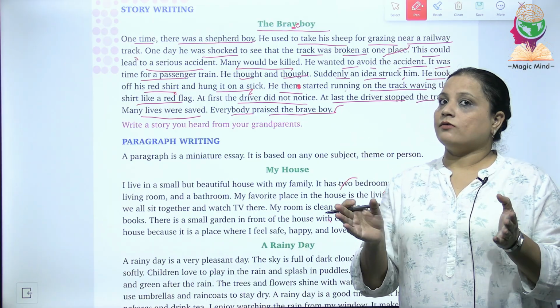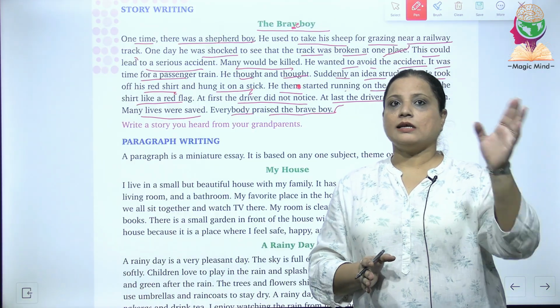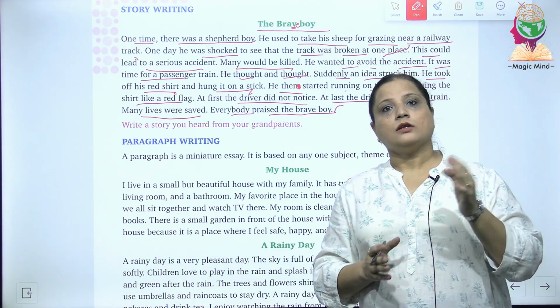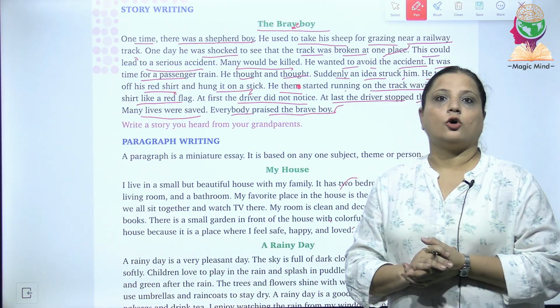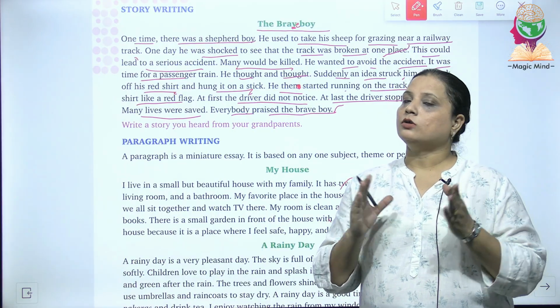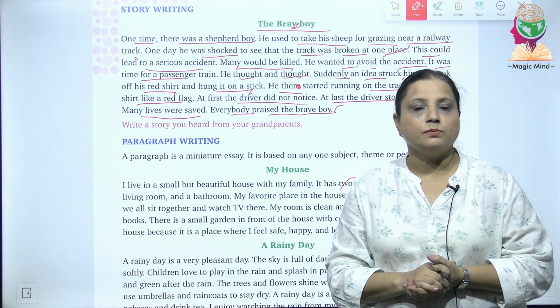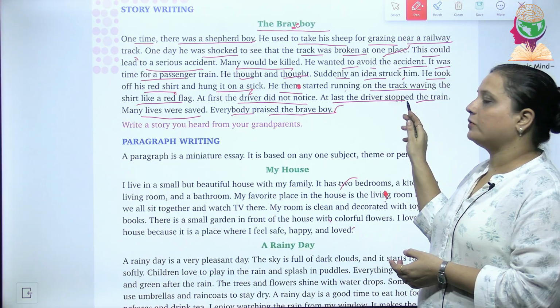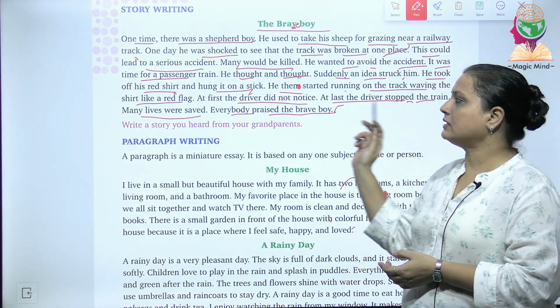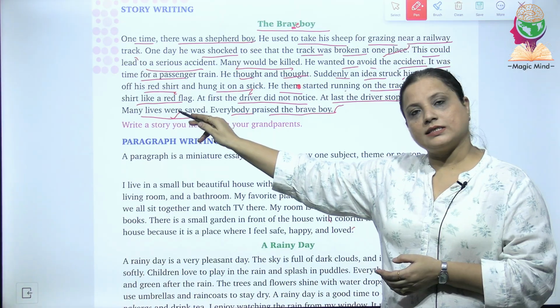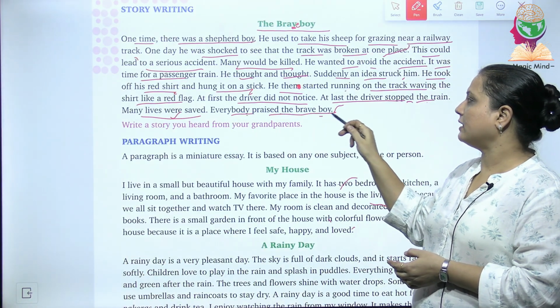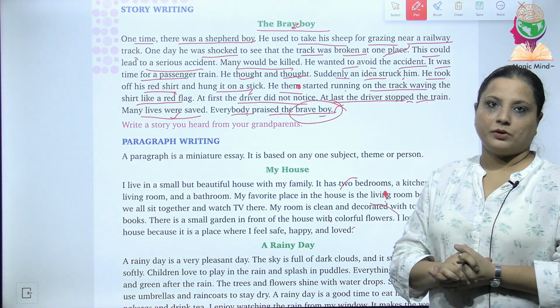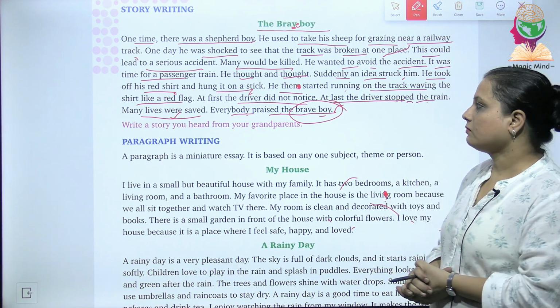When the driver noticed that there is someone waving the red colored cloth, he understood that there is some danger. So what did he do? He stopped the train and hence many lives were saved, and everybody praised the brave boy.